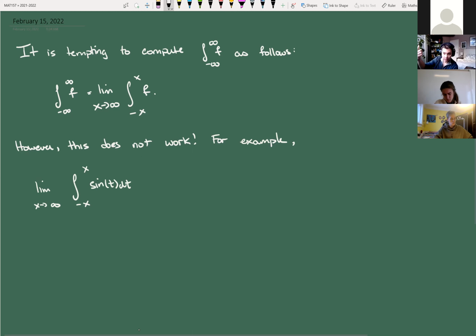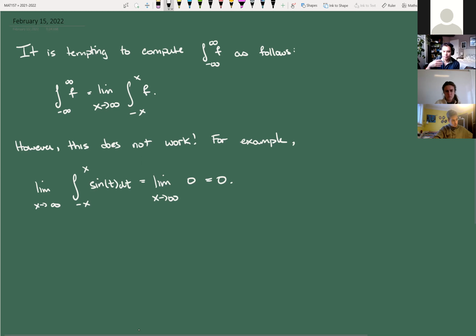So when I integrate from negative x to x, the integral is just 0, right? So when I take a limit as x goes to infinity, I definitely always get 0 as well. And that's 0. So if we trusted this, we would be tempted to say that maybe this integral actually exists. But we would run into an issue if we did something a little bit different.